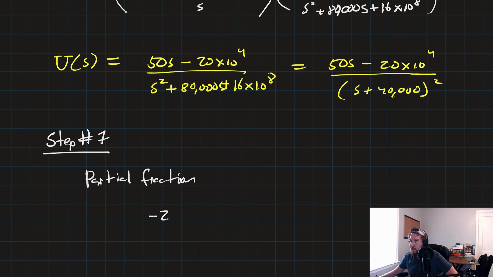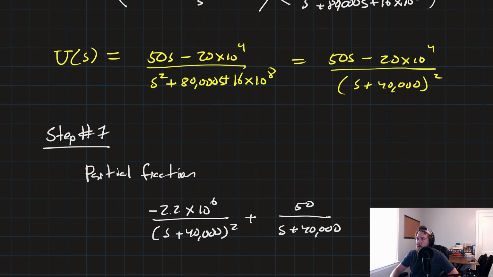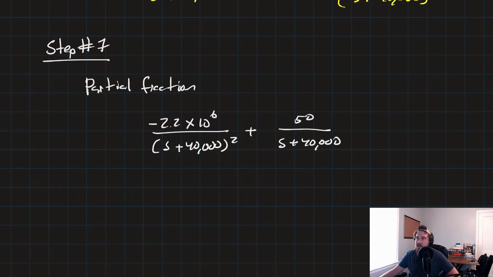minus 2.2 times 10 to the 6 over S plus 40,000 squared plus 50 over S plus 40,000. And if you take the inverse Laplace transform of both of these guys separately, tie them together, you'll get that our final result, v of t, is equal to minus 2.2 times 10 to the 6.